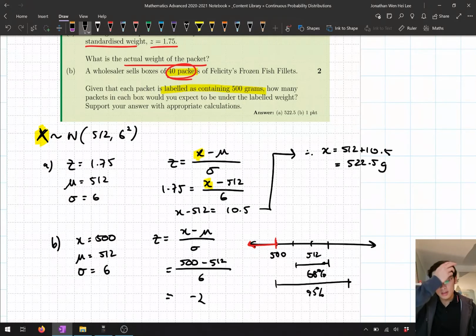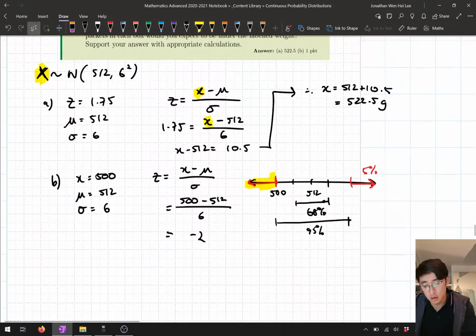And so what this tells me is that if that's 95%, the remainder parts, this part over here and this part over here, if the total is 100%, that's going to be 5% altogether. And so half, this part here, is just going to be 2.5%. So this has a probability of 2.5%.